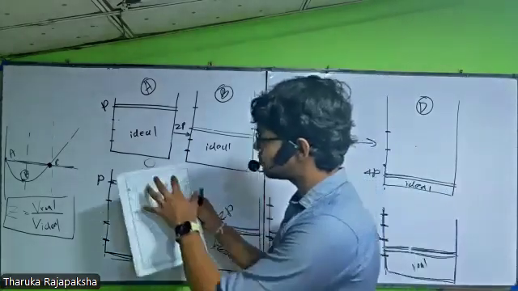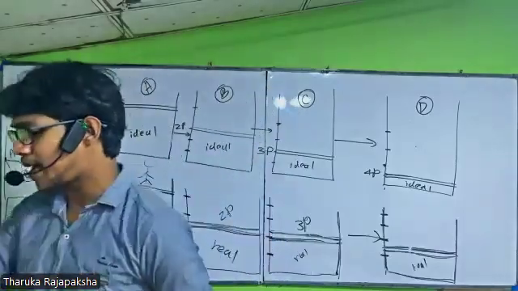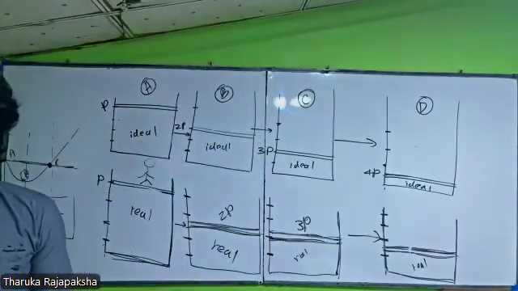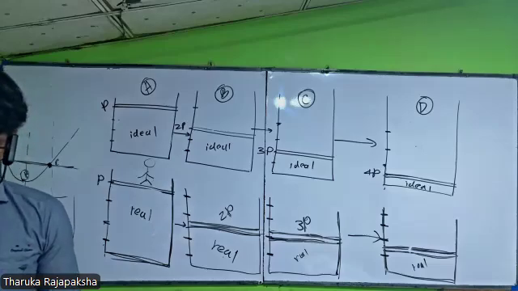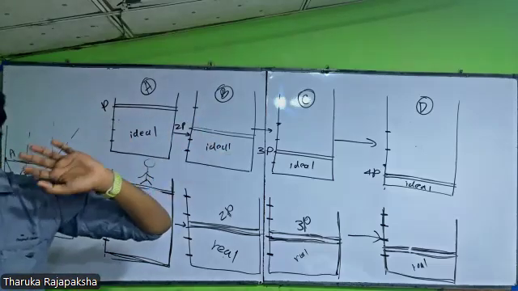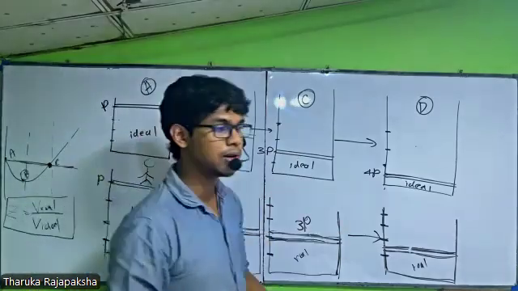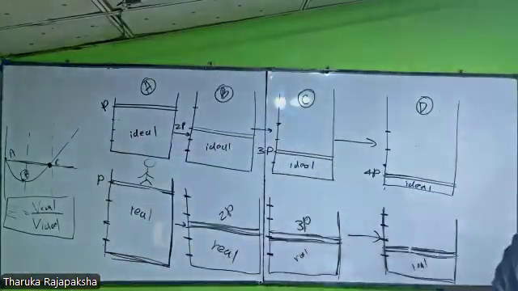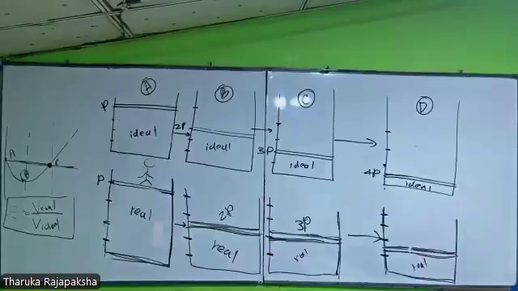Next page you have a space given, page number 19, top part. Draw this thing. If you can't draw it, take a screenshot now and draw it later. I'll also take a photo.